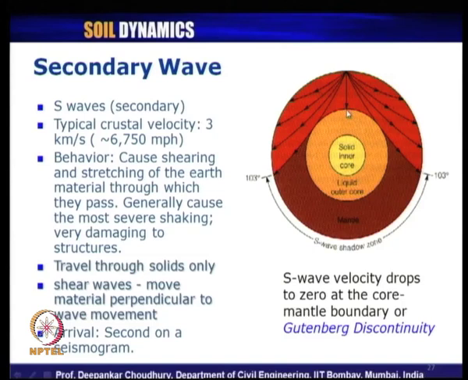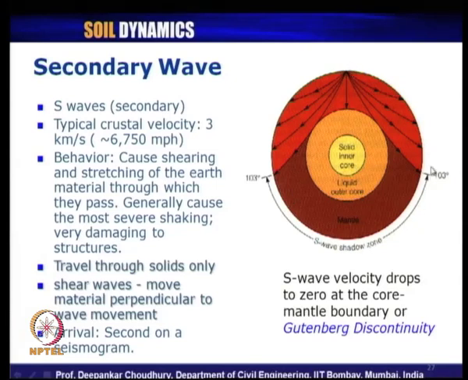So, obviously, the shear wave cannot travel through the liquid medium, it travels only through solid media. That is why it just stops dead at this boundary. Nothing gets transmitted into the next layer. That is why on this side we do not have any S wave coming out from the earthquake energy released here.